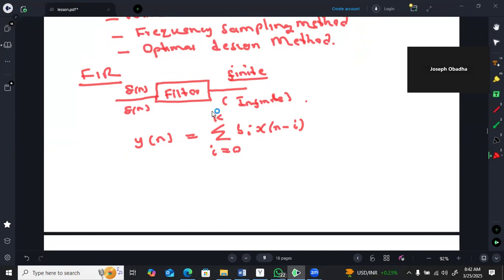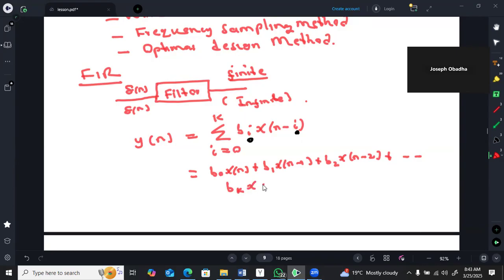Of course, if we expand this, then you can see for i equal to 0, I will have b0 x of n, plus b1 x of n minus 1, plus b2 x of n minus 2, plus up to the final one, bk x of n minus k.